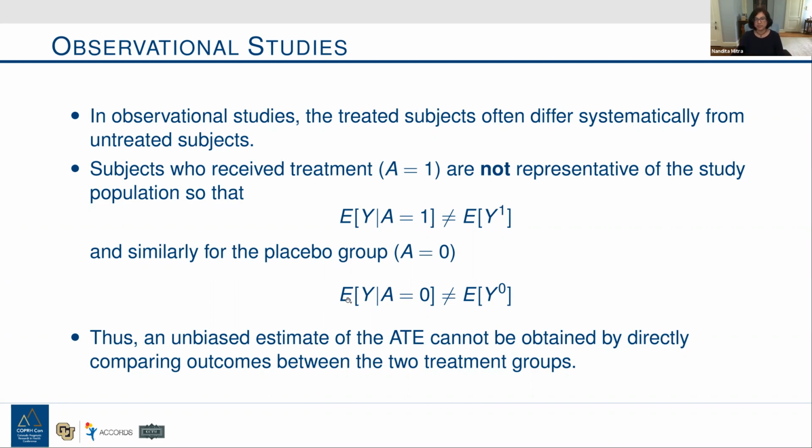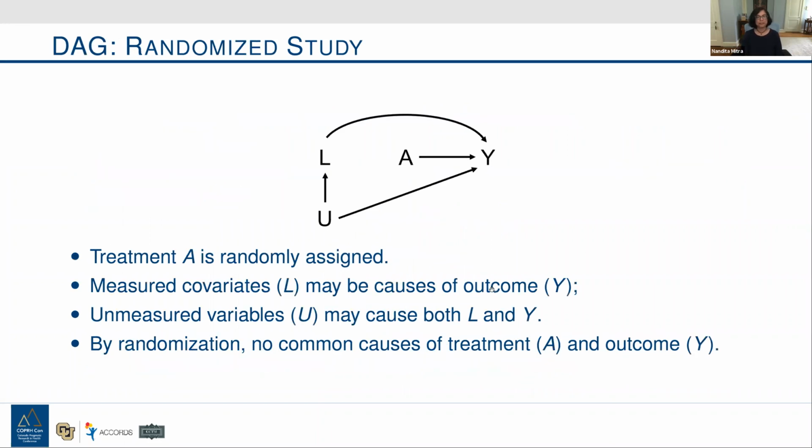And similarly for the placebo group. So an unbiased estimate of the average treatment effect can't be obtained directly by comparing these two outcomes between the two treatment groups in an observational study.